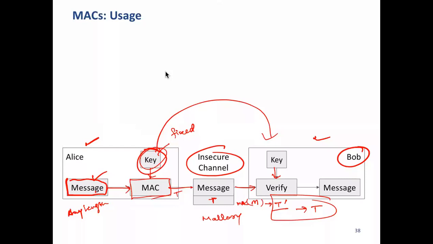Say Mallory does not have the key. If she used some random key to create the digest, then at the end the changed message is received, and Bob will use the original key to find the value of the tag, and of course it will not match the received tag because Mallory does not know the key.